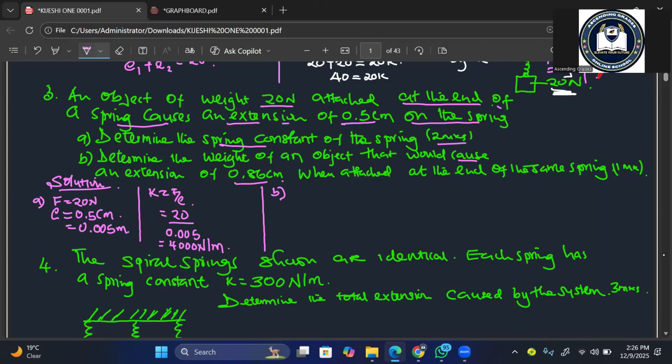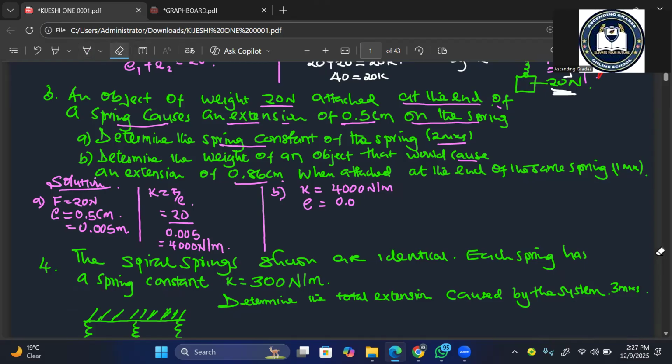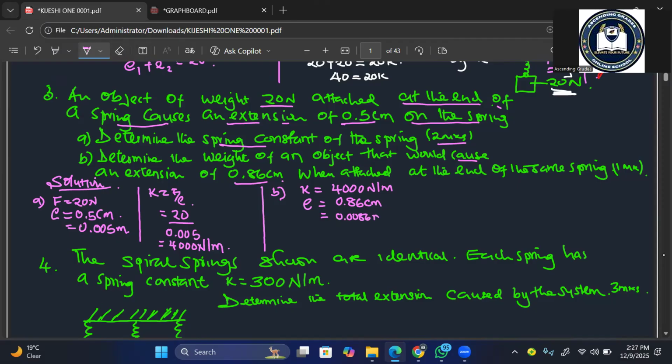Part B. We have now a spring constant of 4,000 Newton per meter, and we have an extension of 0.86 centimeters. In SI unit, it is 0.0086 meters.